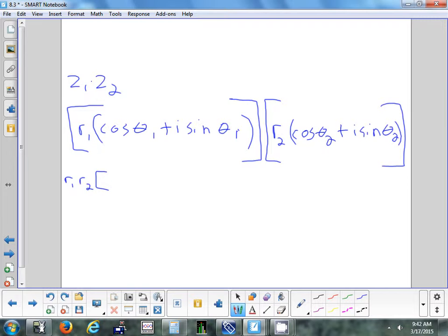All right, so we get cosine theta 1, i sine theta 1, and let's do cosine theta 2, i sine theta 2.